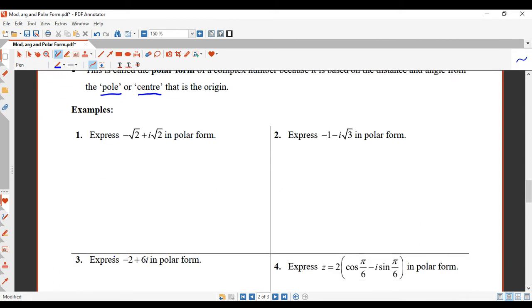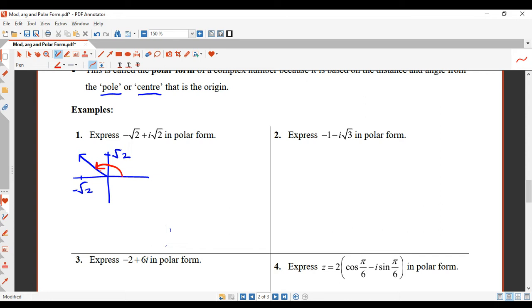So let's have a look at the first example. You've got to express this in polar form. I always like to draw a little picture here. Now, minus root 2 plus i root 2, that's going to be up here somewhere. So it'll be minus root 2 there, and then root 2 there. So there's my vector. And you want to work out the argument, of course, and the modulus.